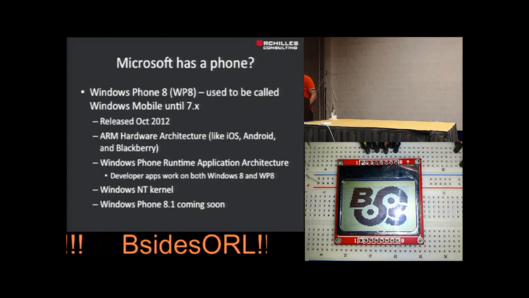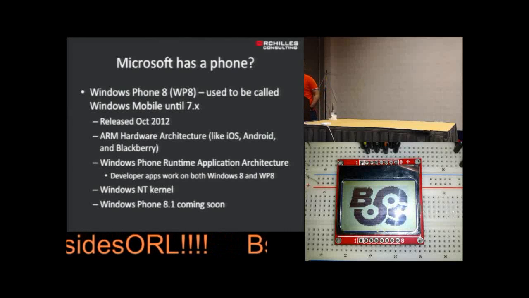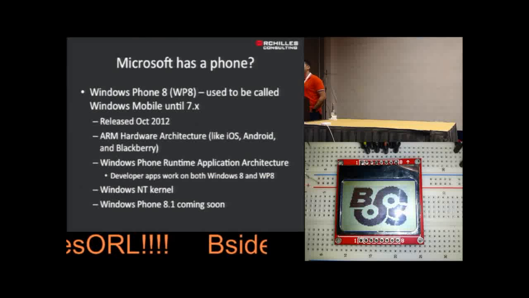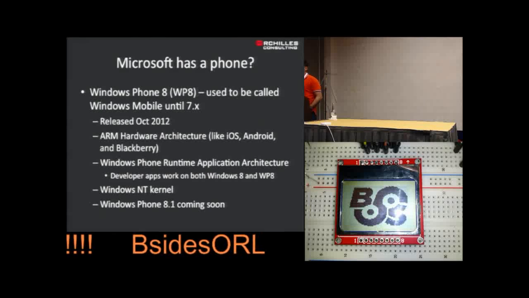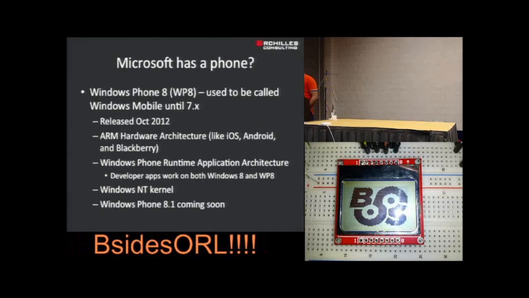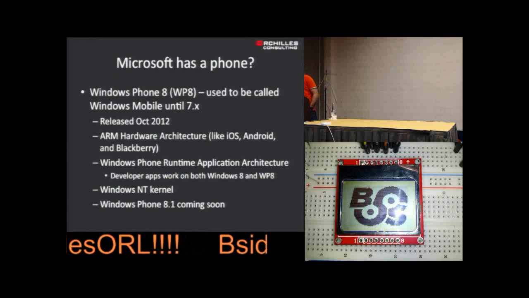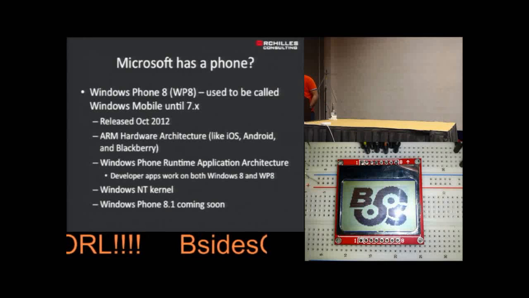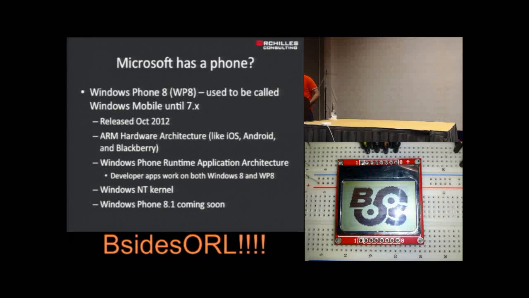Microsoft actually did something pretty smart here. Windows Phone uses a runtime application architecture. So if you develop on Windows 8, the operating system, you can easily port it over to Windows Phone 8 and vice versa. So that is one of the reasons that they advertise that their App Store has, I don't know how many thousand apps they're saying now, over like 300,000 apps, and it's not really true.